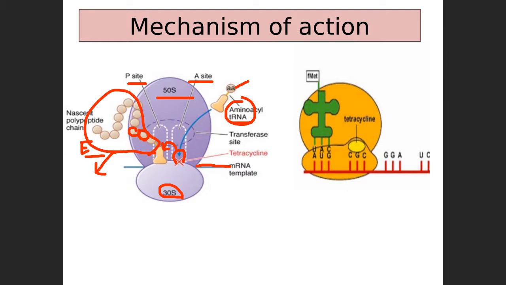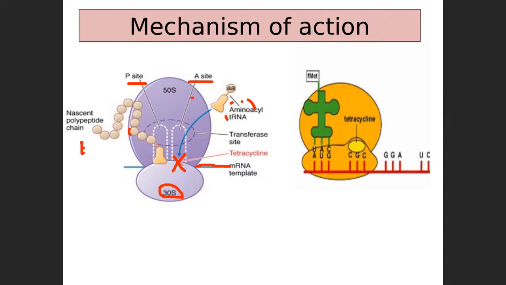So the drug tetracycline, what is it causing? It is causing the inhibition of protein synthesis. How is it causing the inhibition? By stopping this mechanism. It is stopping this mechanism by blocking the A site.